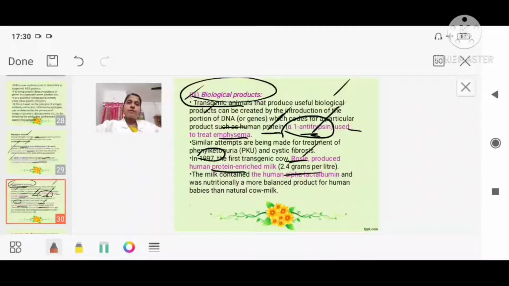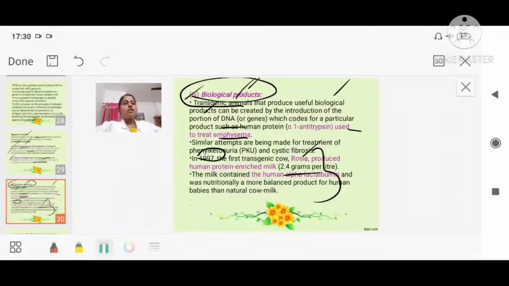The best example that usually comes is Rosie, which is rich in human alpha lactalbumin. This is a protein which is good for the growth of the baby, the infant.